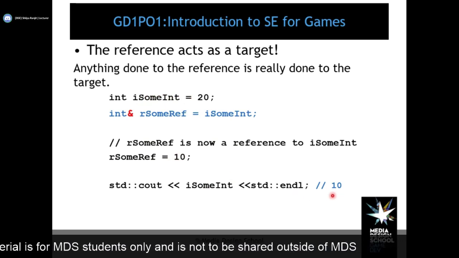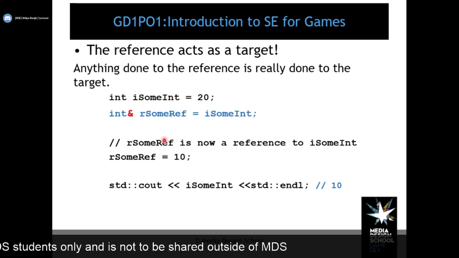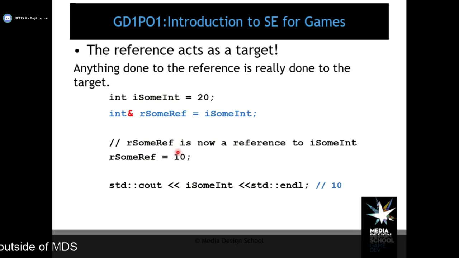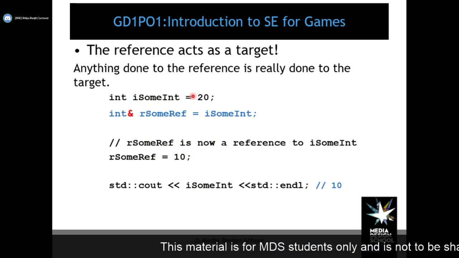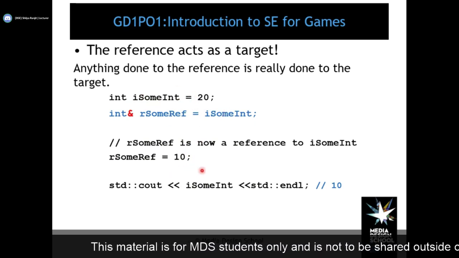All right, because when I change a value in rsumref, the alias variable, the alias variable now contains the value 10. So the alias variable is actually referring to the variable. So obviously the integer value is going to be changed. So it's going to be updated from 20 to 10.